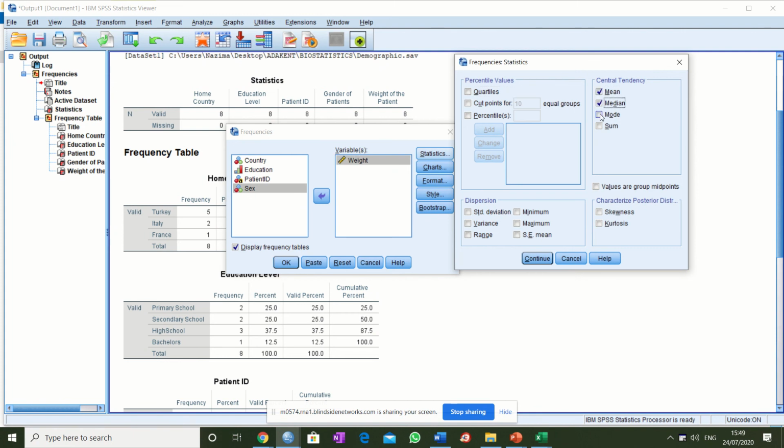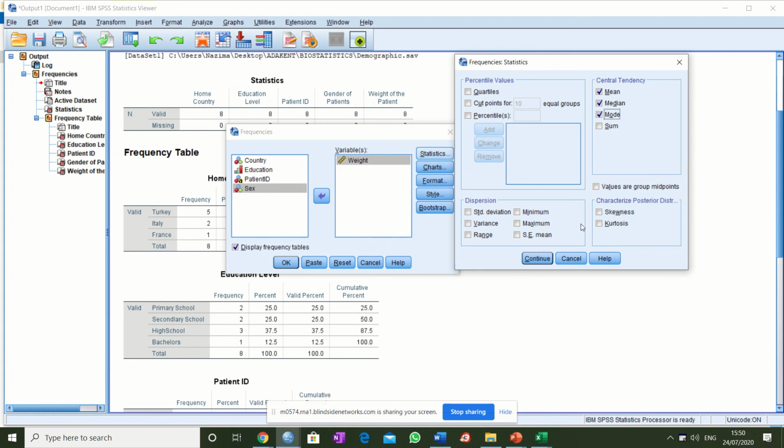Mean, median, mode. And what we learned before: if they are equal, we say it's a normal distribution. If not, it's not a normal distribution. It's really important in statistics because we decide which test we are going to use depending on whether it's a normal distribution or not.